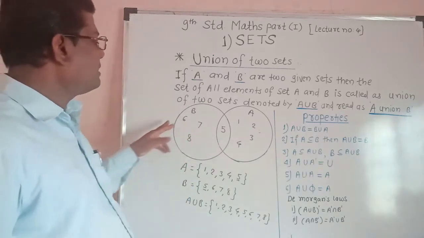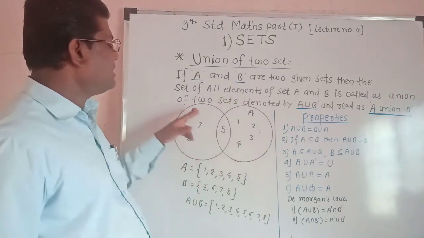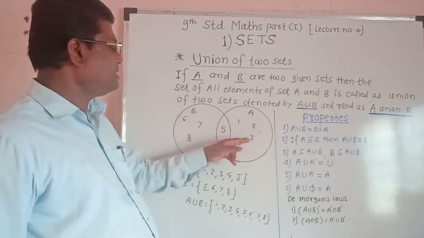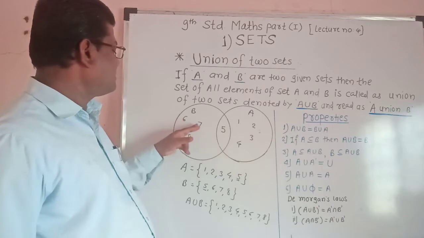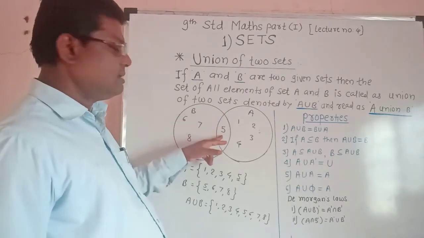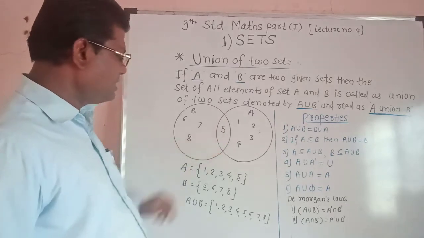In this way, A union B is the set of all the elements 1, 2, 3, 4, 5, 6, 7 and 8, and this is A intersection B.